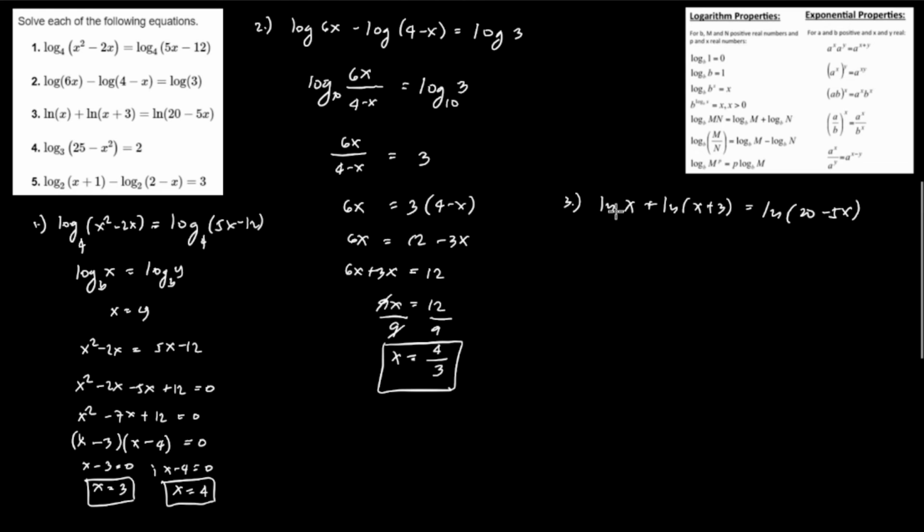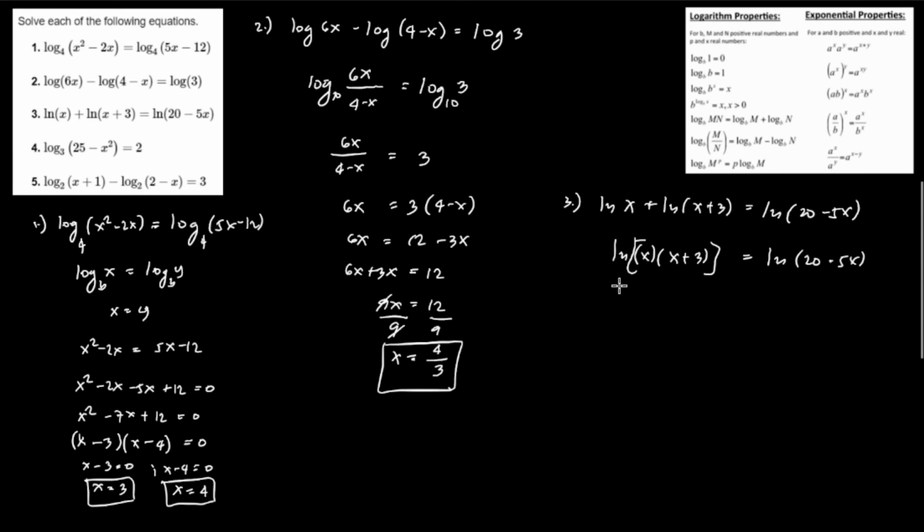In terms of ln, ln of x plus ln of x plus 3 becomes ln of x, multiplication, times x plus 3, and it is equal to ln of 20 minus 5x.